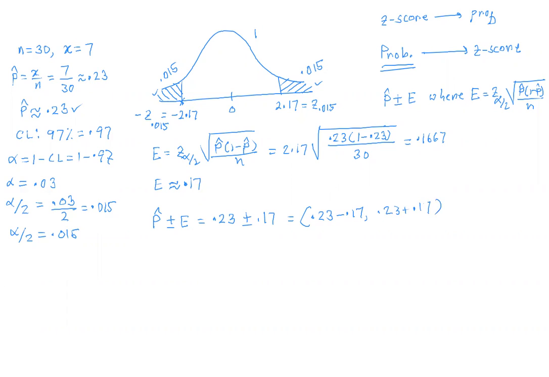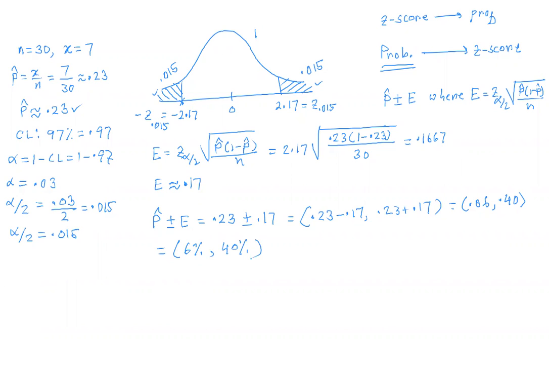So 0.23 minus 0.17 is 0.06, comma 0.23 plus 0.17 is 0.40, which is to say your confidence interval falls between 6% and 40%.